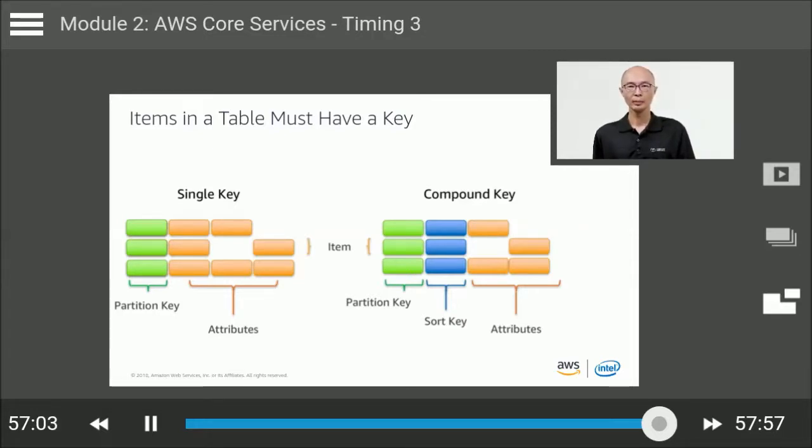Alternatively, you can specify a compound key, which would be composed of a partition key and a sort key. That would be the table on the right. In this example, if I was to have a table on songs, I might use the combination of song title and singer to uniquely identify table items.